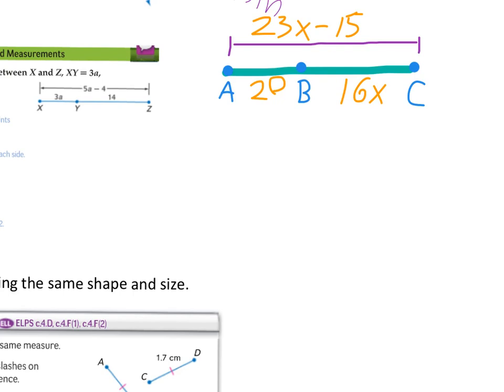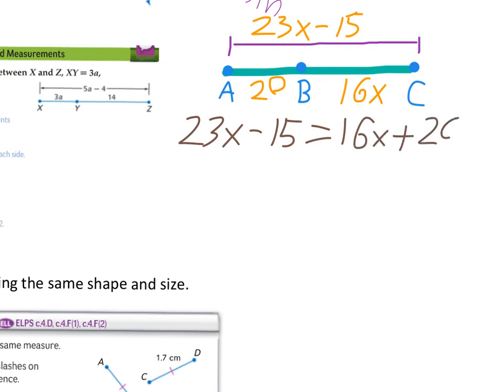So, we know the full distance here is 23x minus 15. We know that has to be equal because of our betweenness of points, has to be equal to the component parts of 16x plus 20.